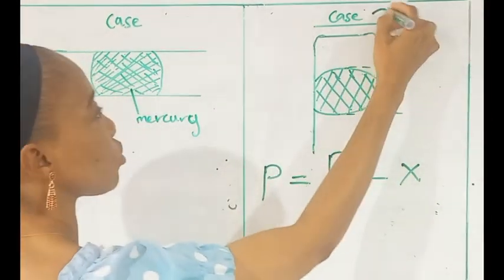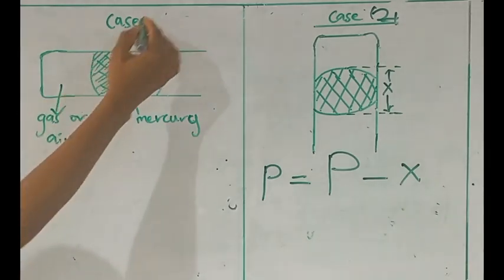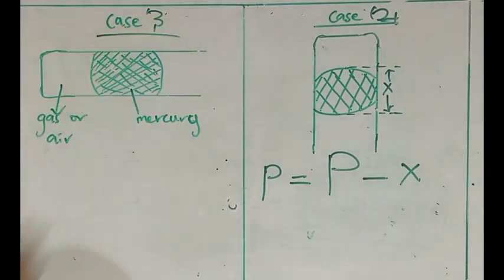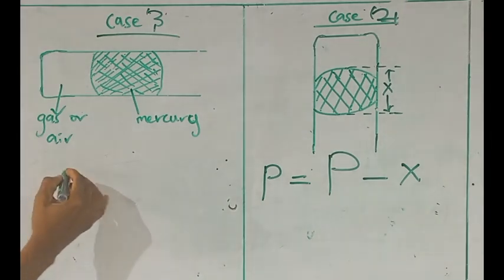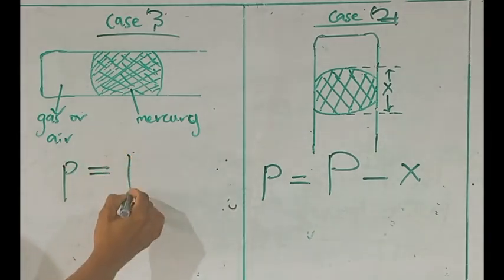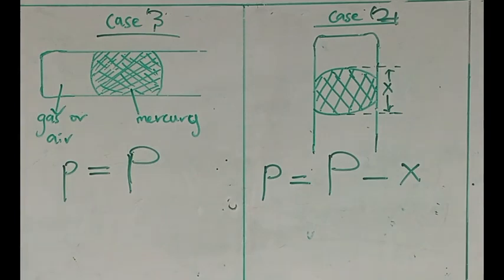This is case 2. And for case 3, when the tube is horizontal, the pressure P is going to be equal to the atmospheric pressure. Please note the three cases, case 1, case 2, and case 3.